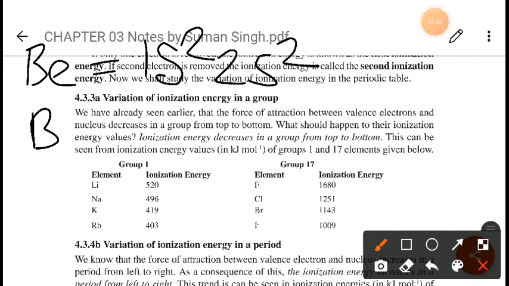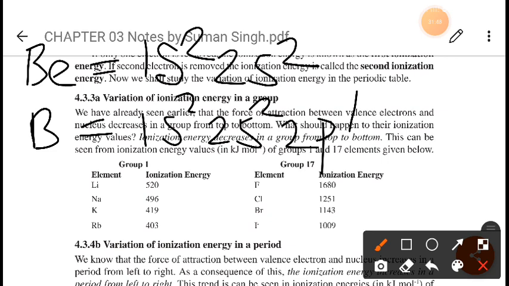And boron has atomic number 5, so it will be 1s2, 2s2, 2p1, right? So we can say boron possesses a higher nuclear charge, yet its ionization energy is less as compared to that of beryllium.